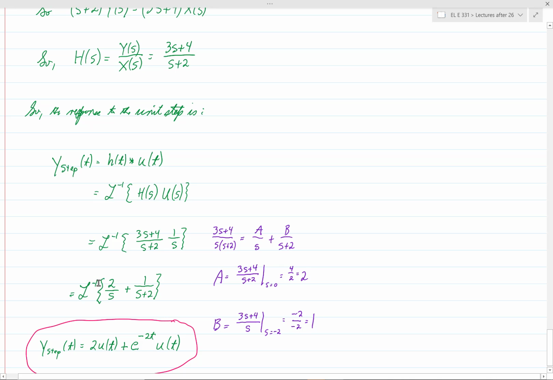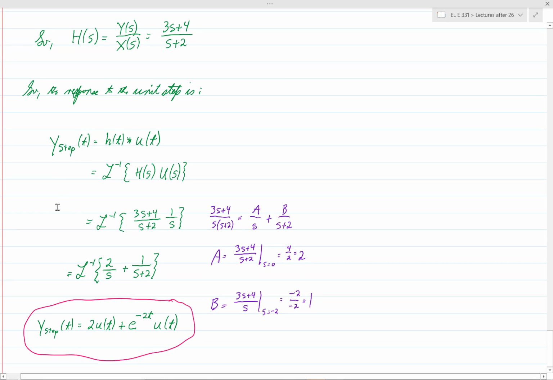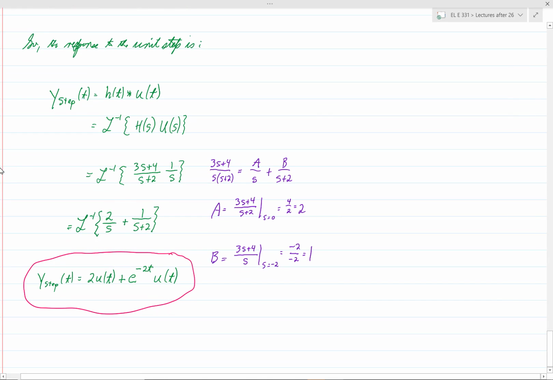And so the y step of t is the inverse Laplace transform of 2 over s plus 1 over (s plus 2). That means y step of t is 2u of t plus e to the minus 2t u of t.